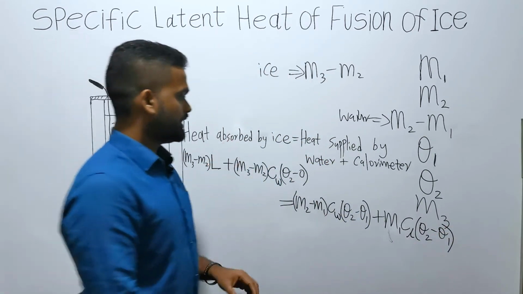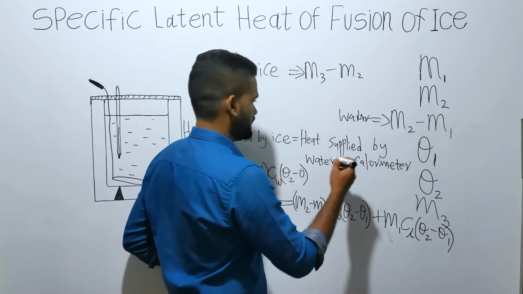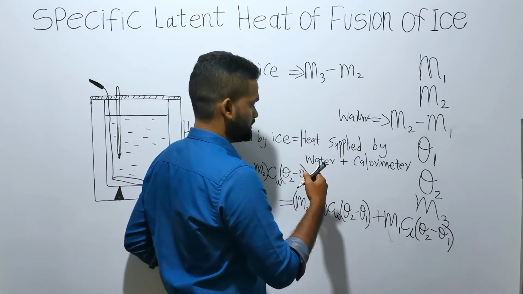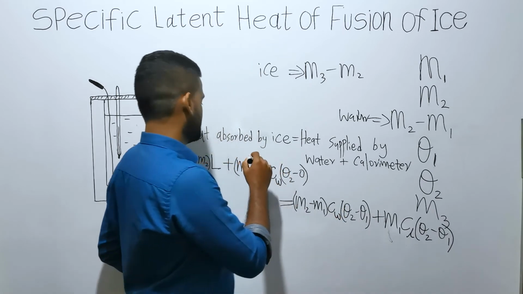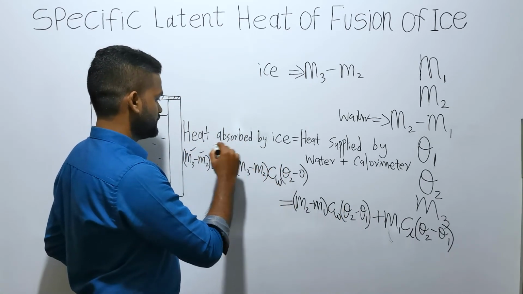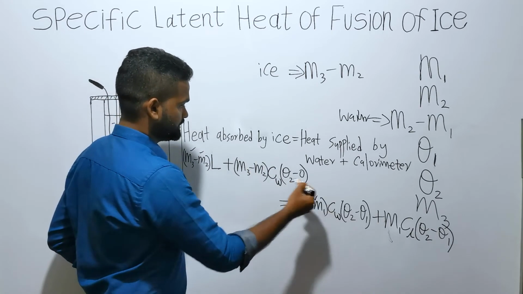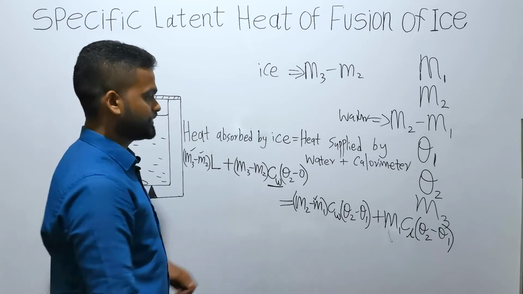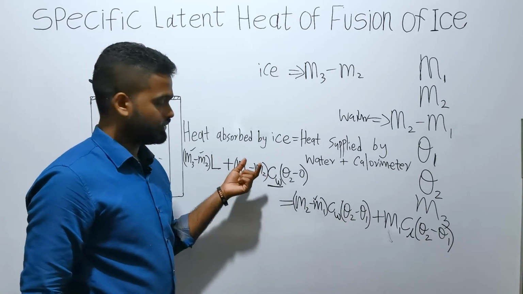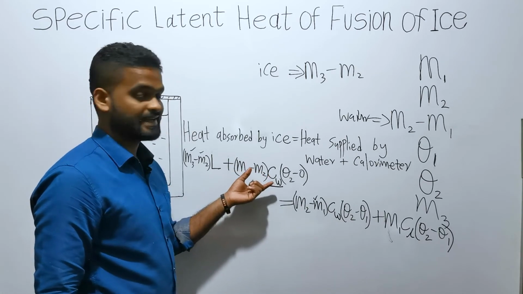All these values, some of them we took as measurements: M3, M2, M1 are just measurements. And CW, the specific heat capacity of water, we can get from a data book.